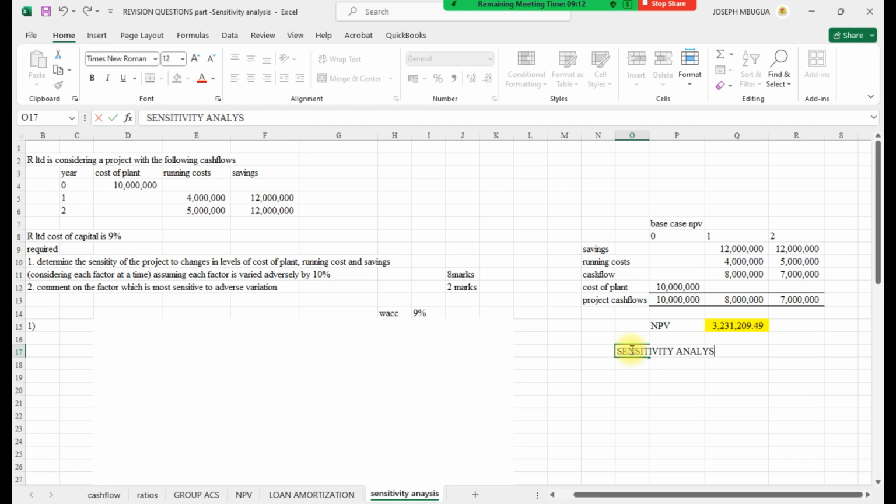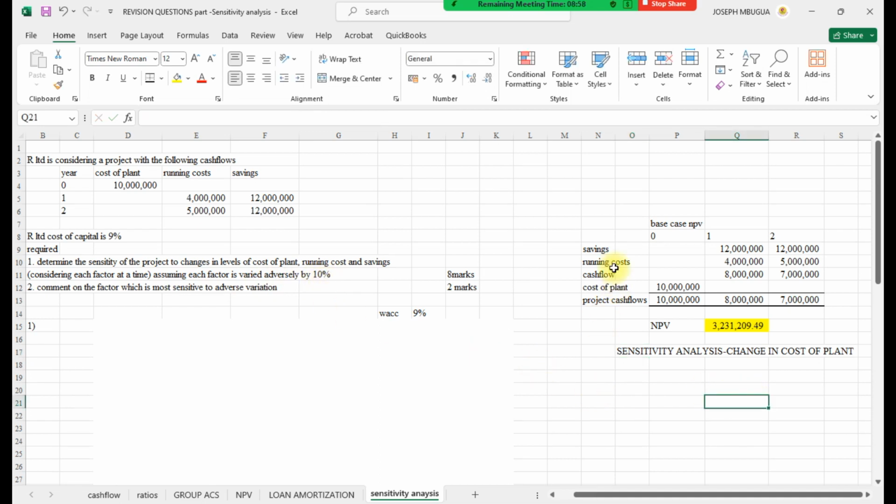Here we start with the change in cost of plant. What if the cost of plant changes adversely by 10%? What will happen to our NPV?